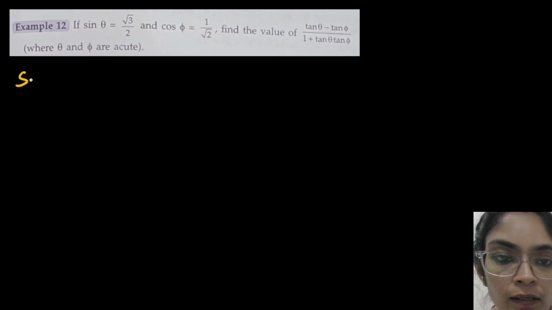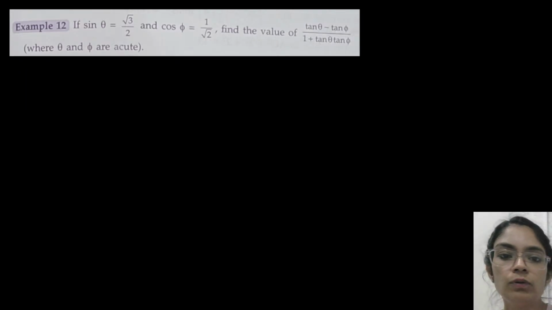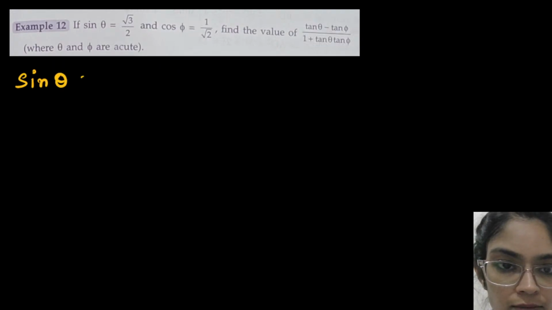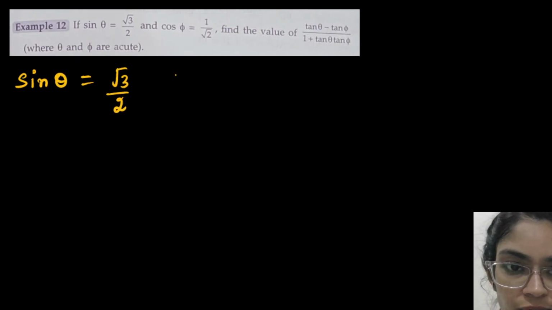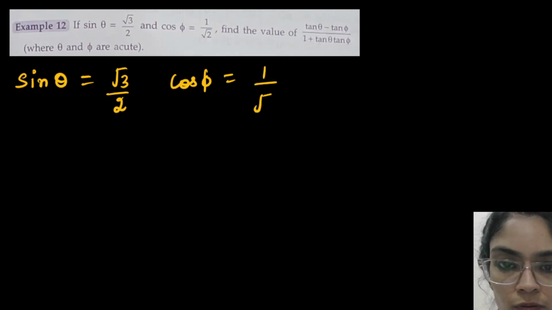So let's see what is given to us in the next question and what we have to find. Given is sine theta equal to root 3 by 2 and cos phi equal to 1 by root 2.